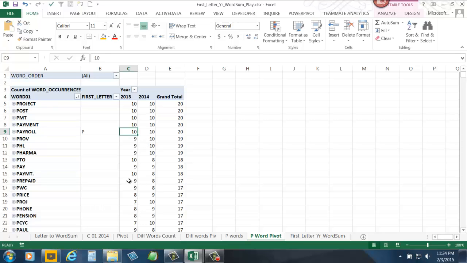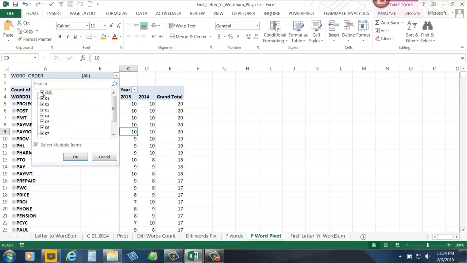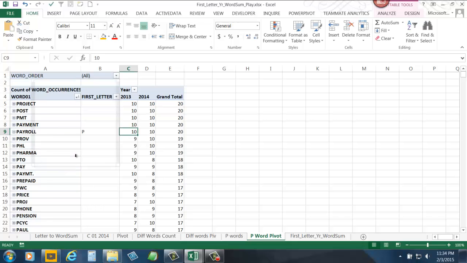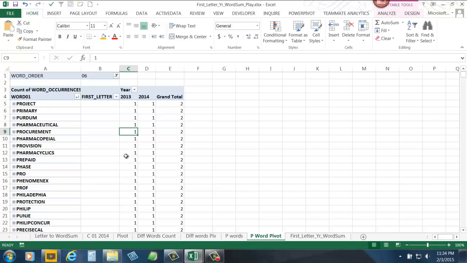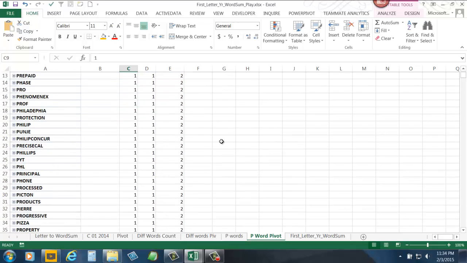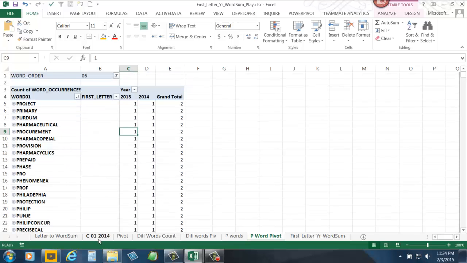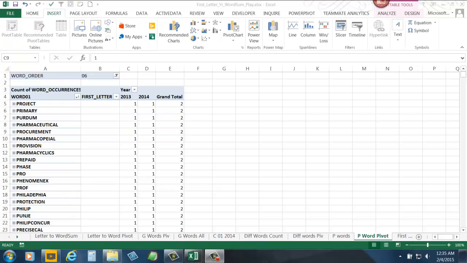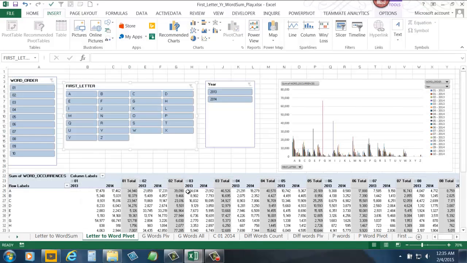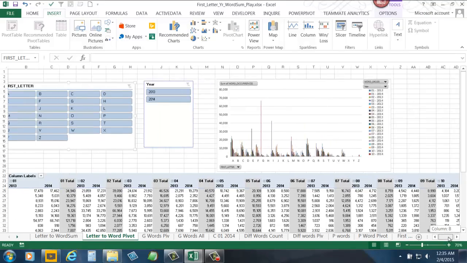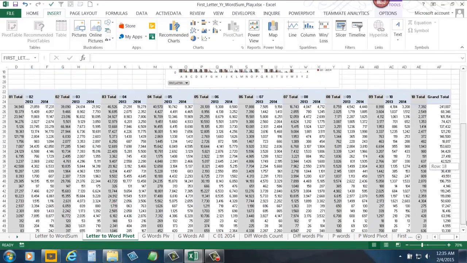Other ones are showing up less, but this is a great tool that allows you to see very quickly the spike, which would be the 6 that we had from before when you looked at that graph, and why there are so many P's, and also from a total point of view, just seeing all the words.